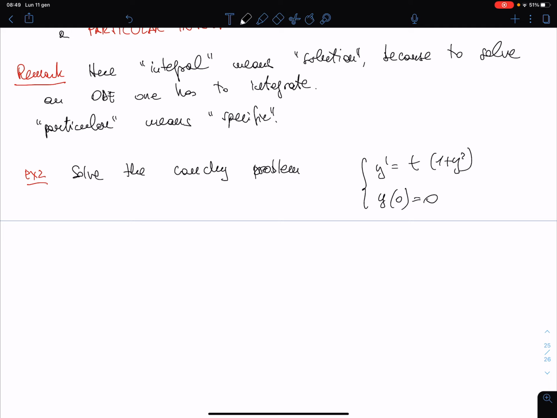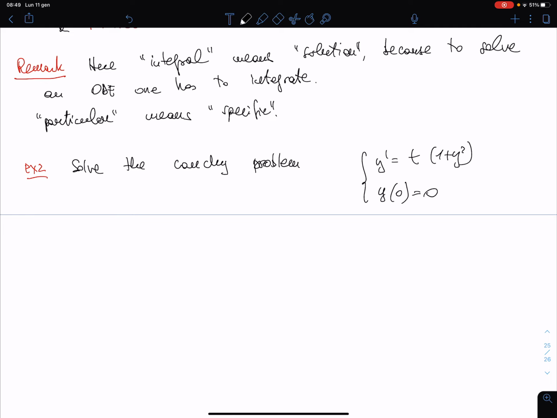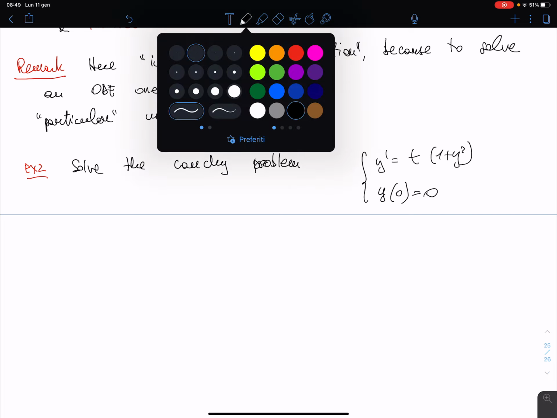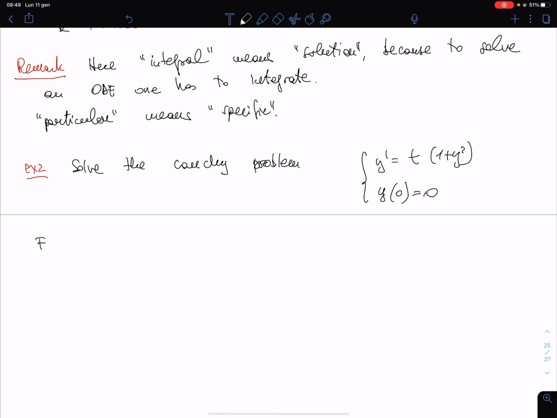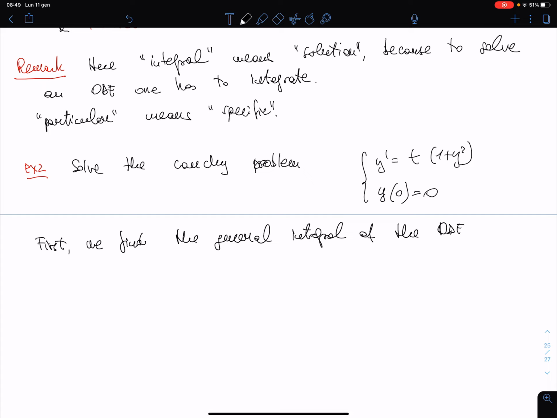Solve this Cauchy problem, and as a first step we find the general integral of the ODE. So g of y, first we notice that g of y is equal to 1 plus y squared. This is a separable variable equation, and this is always different from 0, so there are no constant solutions.